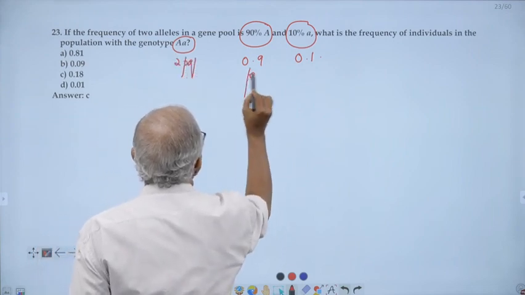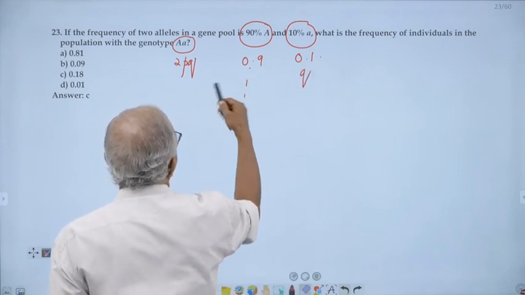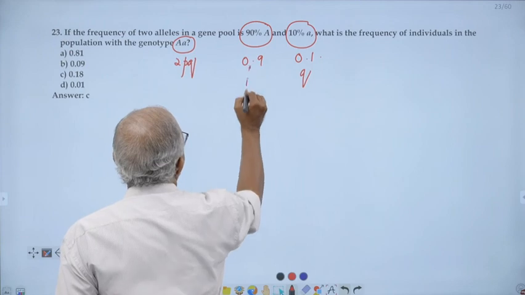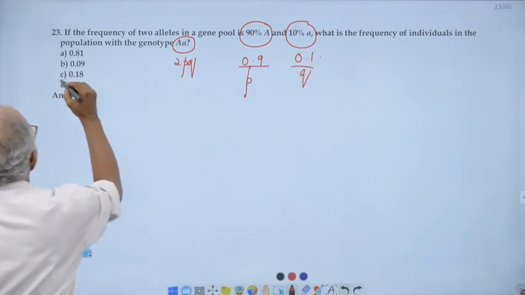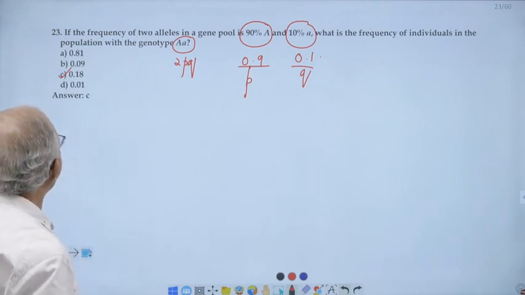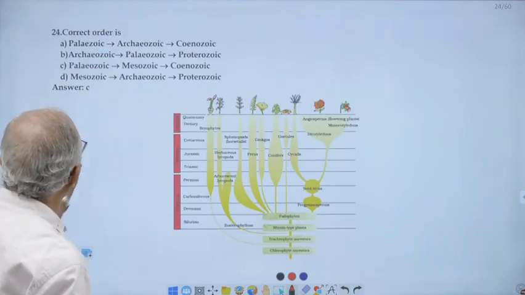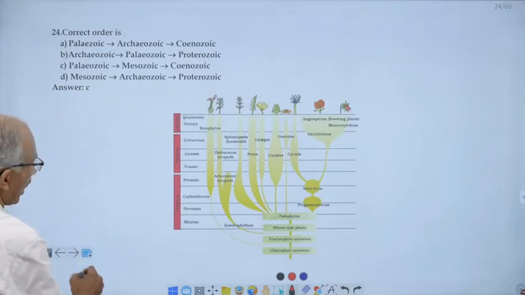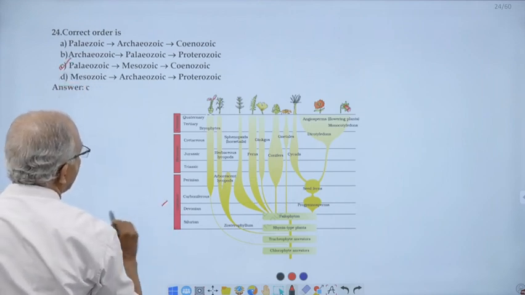We have the p here, we have the q here. 2pq is 0.18.